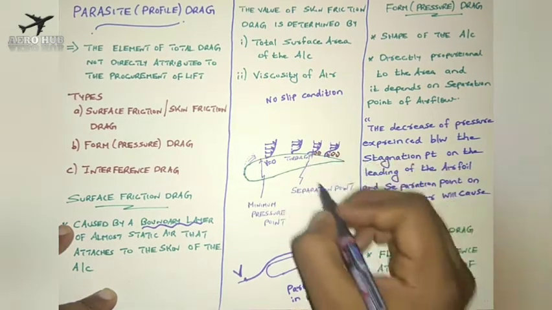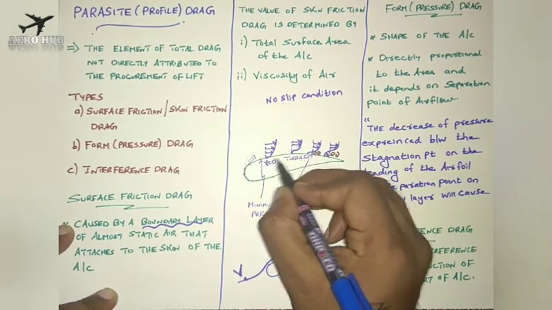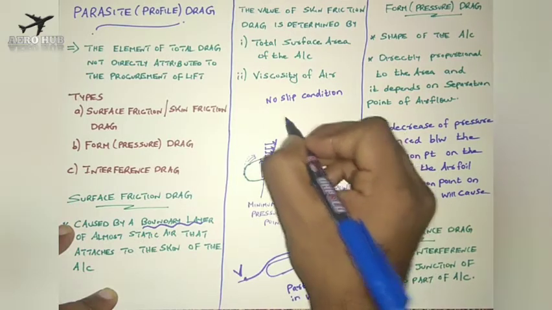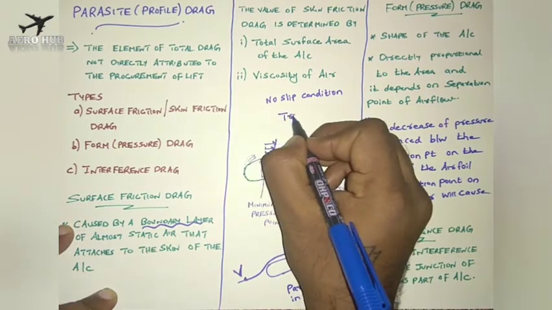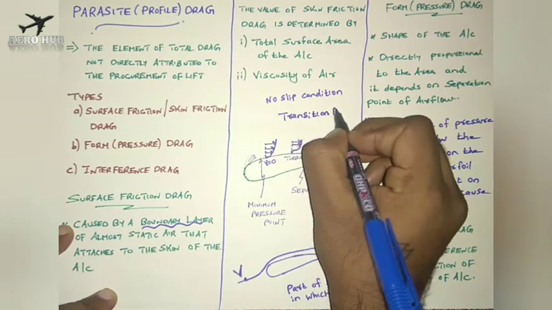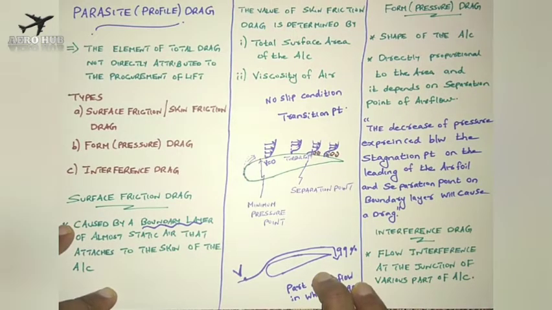Here you can see this is laminar flow, and here the flow becomes turbulent. The point at which the laminar flow turns to a turbulent flow is called the transition point.